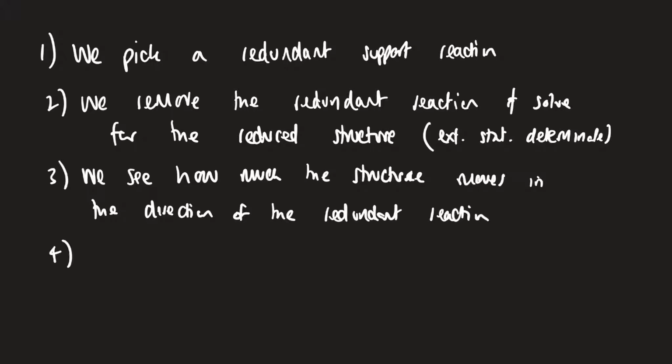And then 4, we determine how big the redundant support must have been to stop that movement from happening.